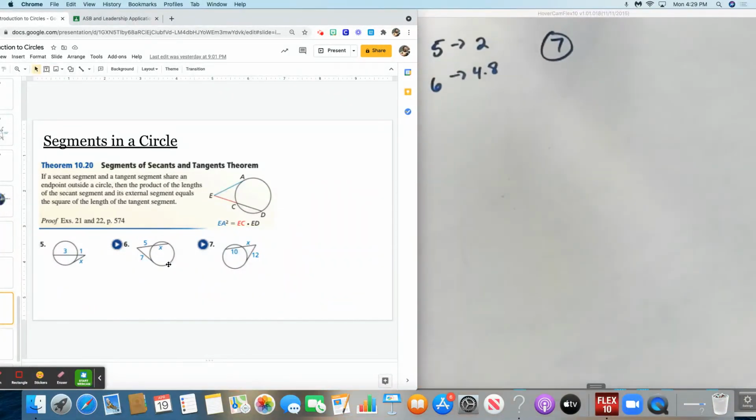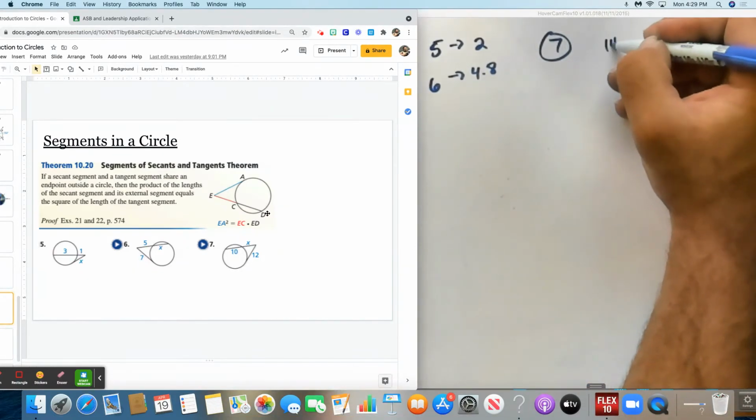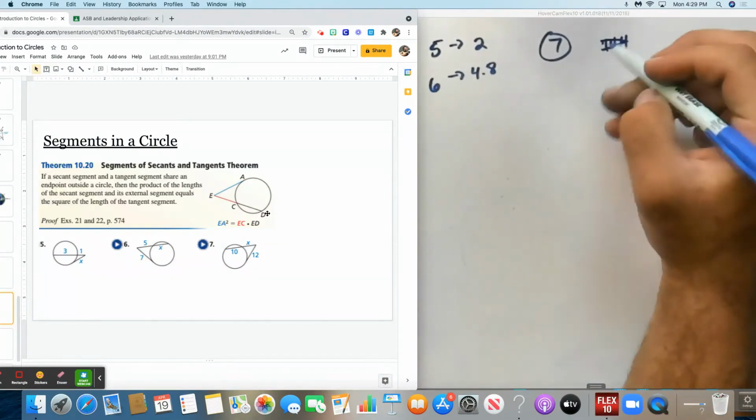Okay, so what this theorem says is that if we take EA, this tangent segment here, and we square it, that is going to be equal to the short red segment, again, times the entire segment, okay? So let's take a look at what we've got there. For number 7, the short segment is going to be 12 squared, which is 144. Actually, let me just set that up for you.